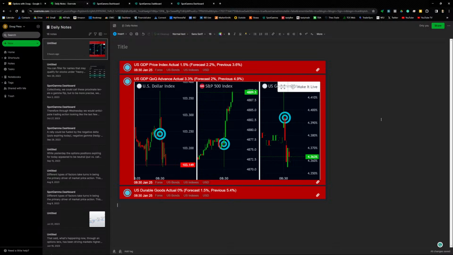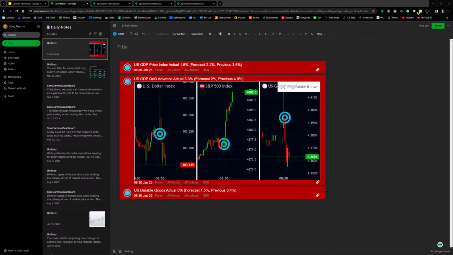So again, greater than expected, less than previous. I think we'll take a look at the reaction to this release in just a minute. I think the key was this number right here. This price index, GDP price index, came in lower than forecast and also lower than previous.